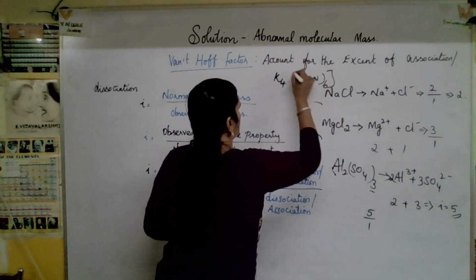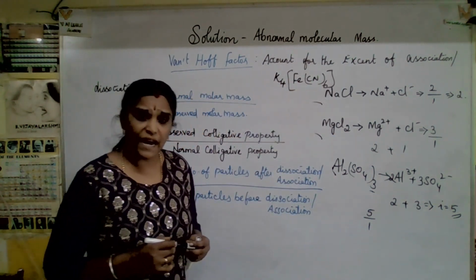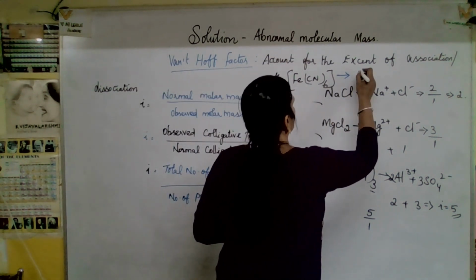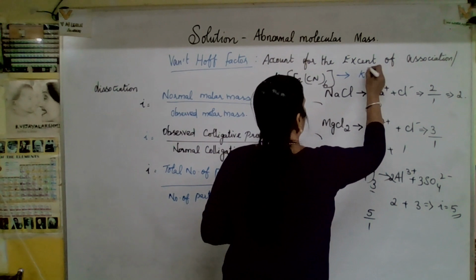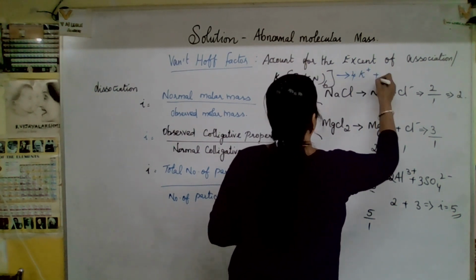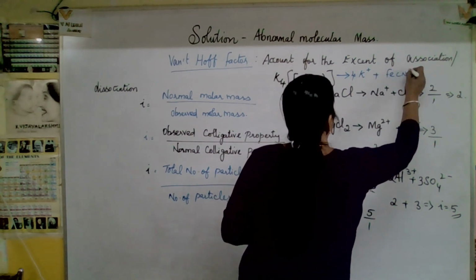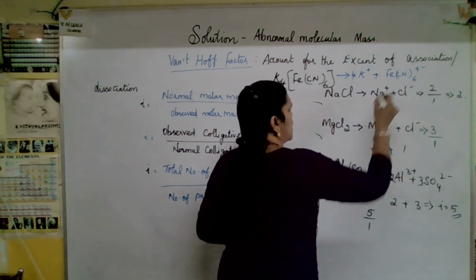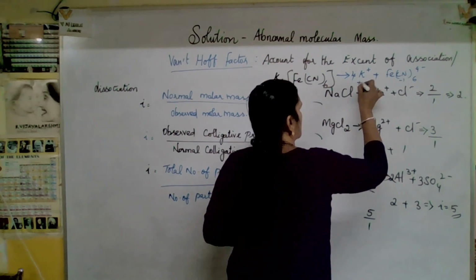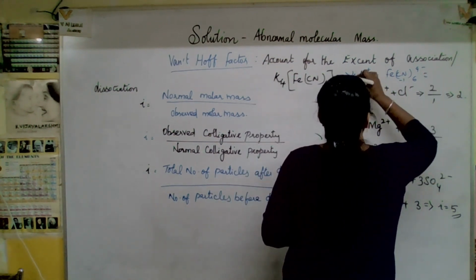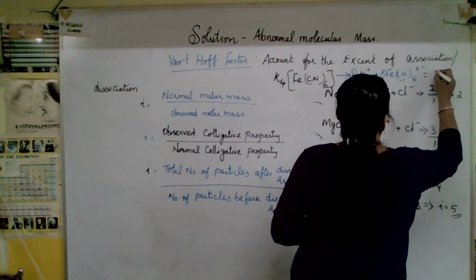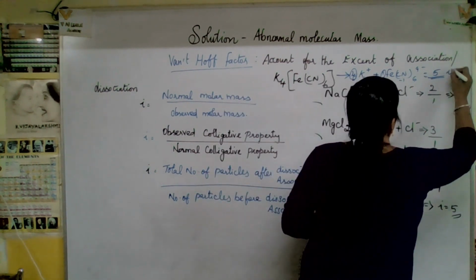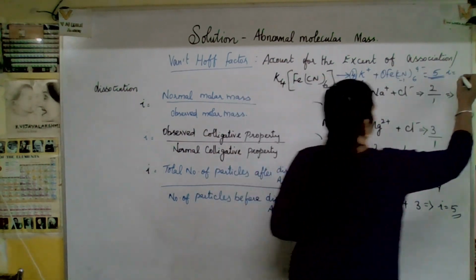Number of times they are asking for this i factor also. When it dissociates, this is 4K+ and [Fe(CN)6]4-. Altogether it is 4 and 1, so altogether 5. So the i factor for K4[Fe(CN)6] is 5.